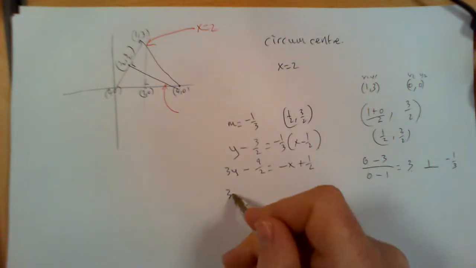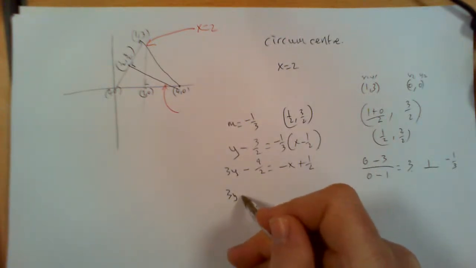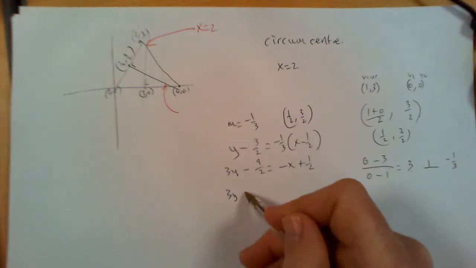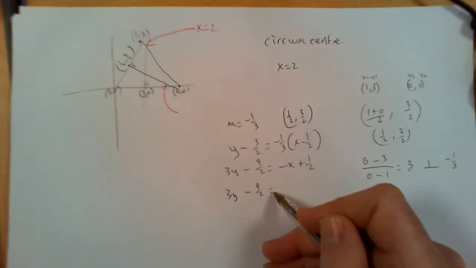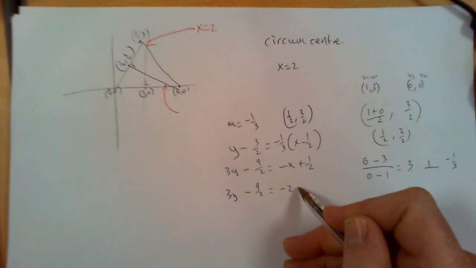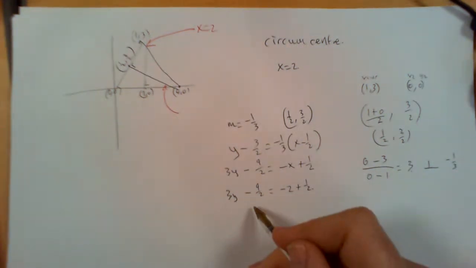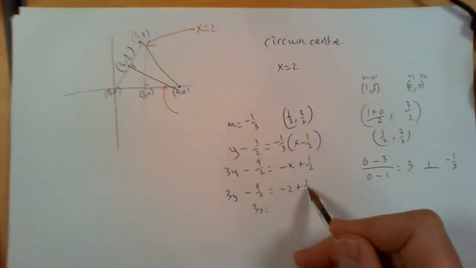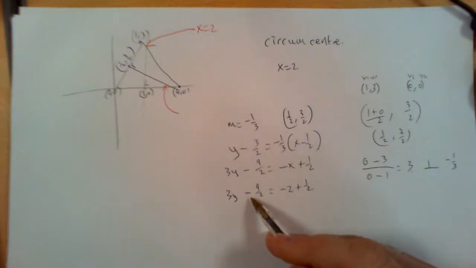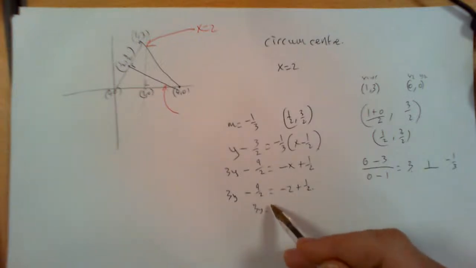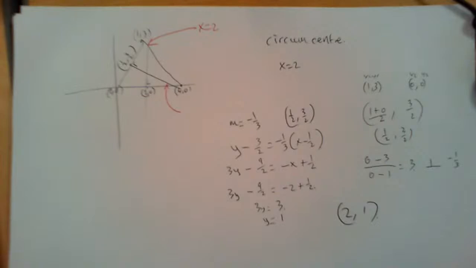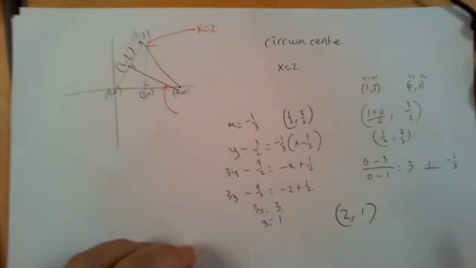So 3y minus 9 over 2 is equal to minus 2 plus a half. That's going to be 3y is equal to minus 1.5. So there's a nice circumcentre one done.